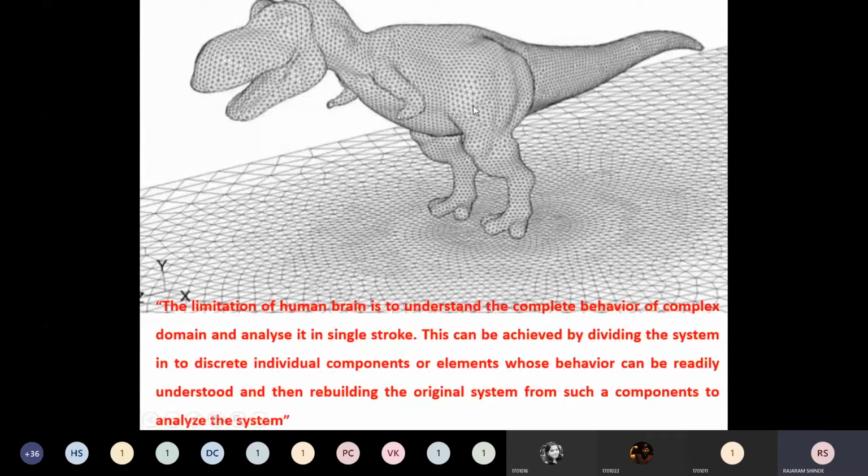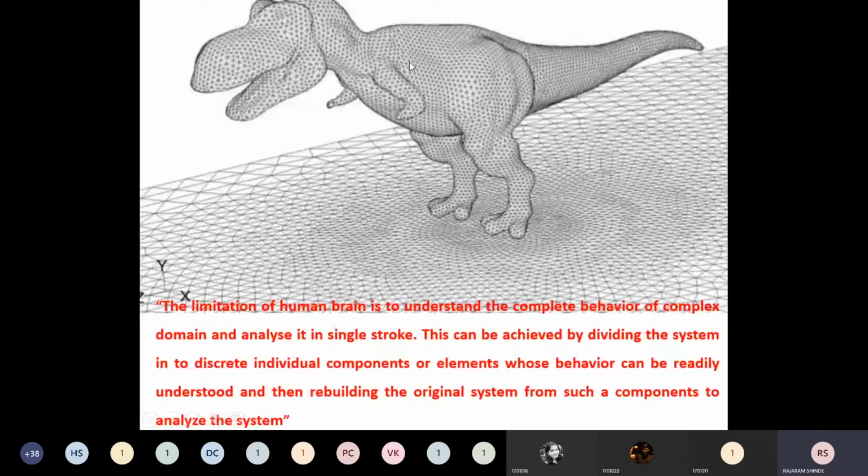And after getting the behavior of each and every part, we make the assembly of the behavior of all parts. These are the elements whose behavior can be readily understood, and then we rebuild the original system. That means we connect the behaviors of all the parts, from such components, to analyze the system.